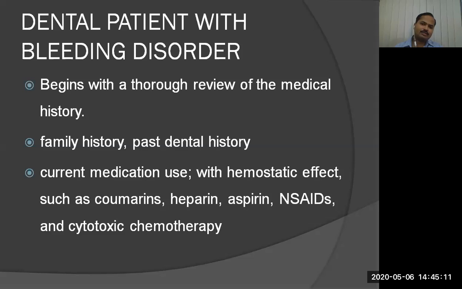But certain medications which are used for various other systemic diseases can have an impact on the coagulation pathway of blood. Now, these medicines can have a hemostatic effect, such as coumarins, heparins, aspirin, NSAIDs, and various cytotoxic chemotherapy drugs.